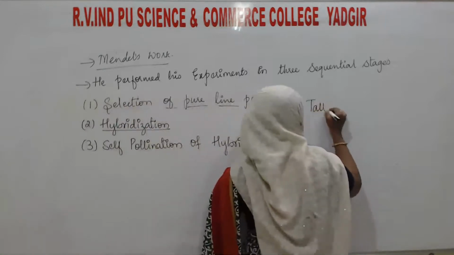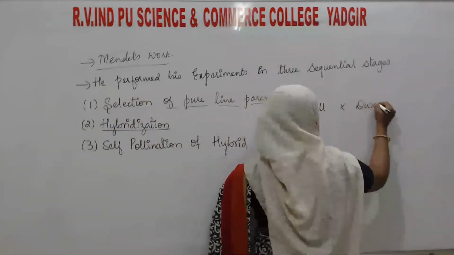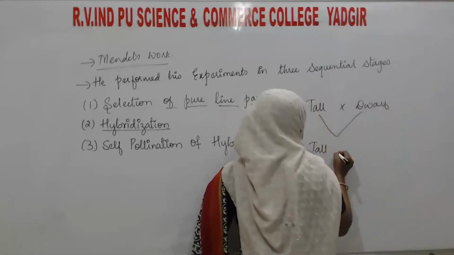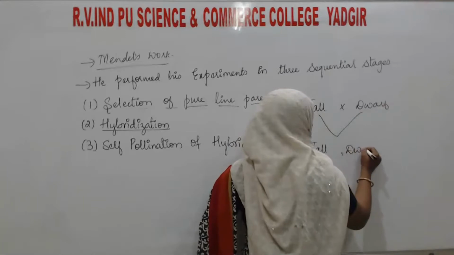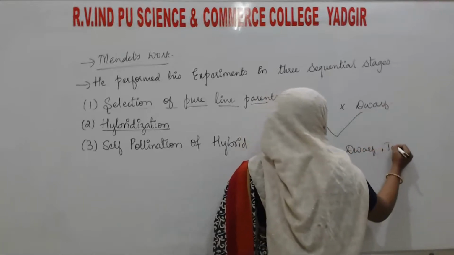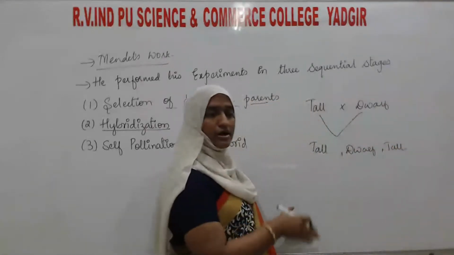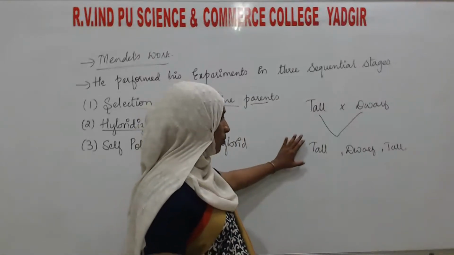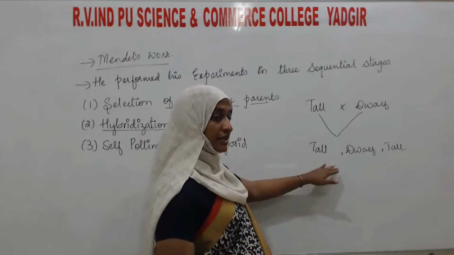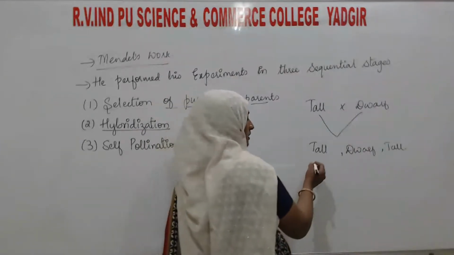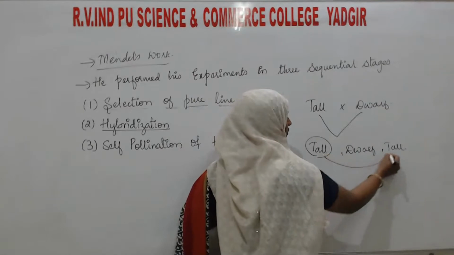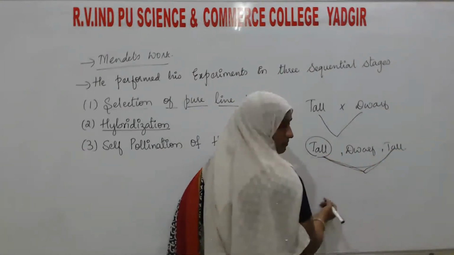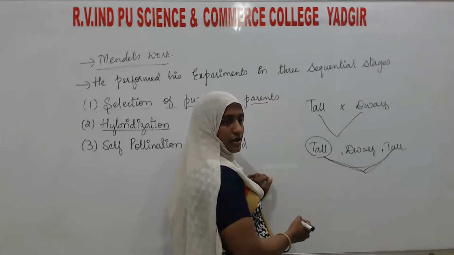Where we crossed tall with dwarf, after crossing we got some plants tall and some dwarf. Then what we did was self-pollination. Self-pollination means they themselves, tall with tall, are self-pollinated.